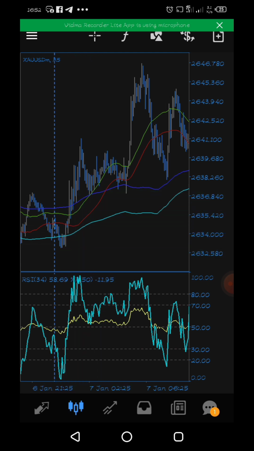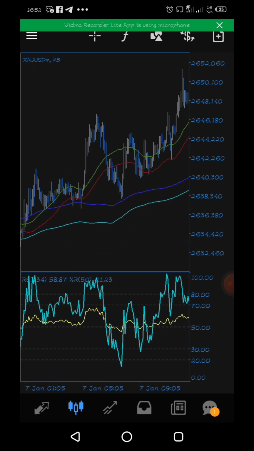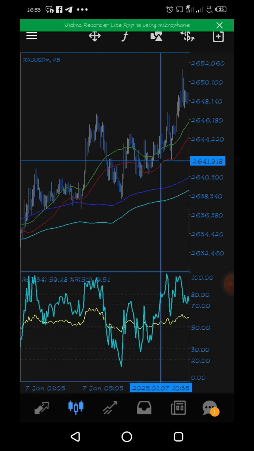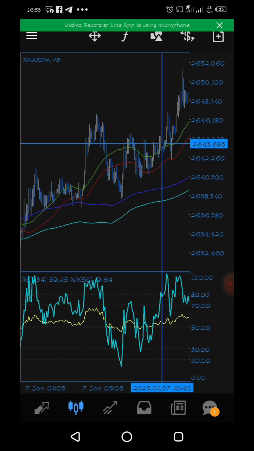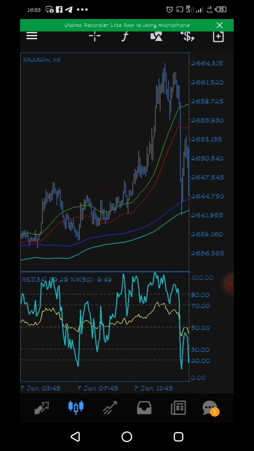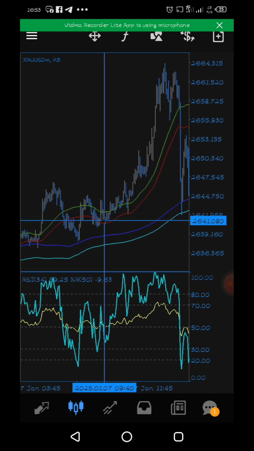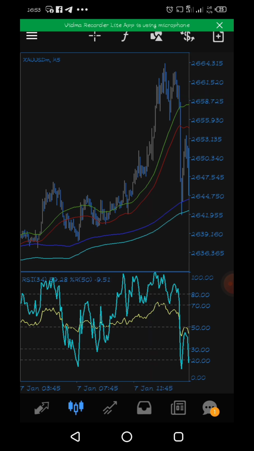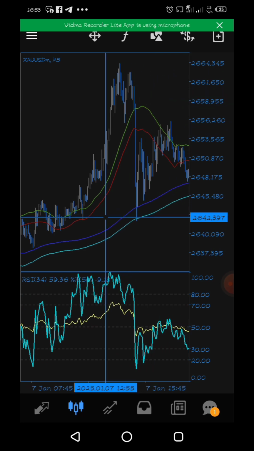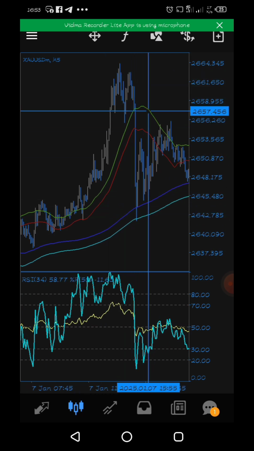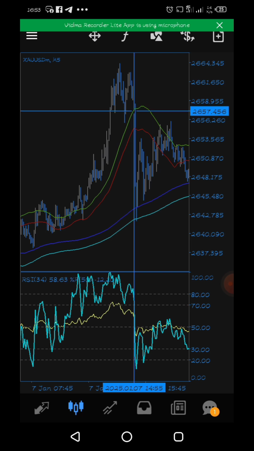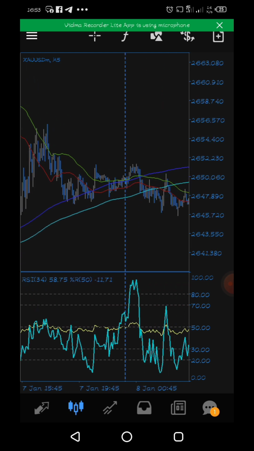So this setup is for a trendy market. This is not good for a range market. It's good for a trendy market. So when you spot the trend, you can now take it and ride it all the way up. As soon as the market crosses to touch the green upper band, then you can close. So this is how to take the trades.